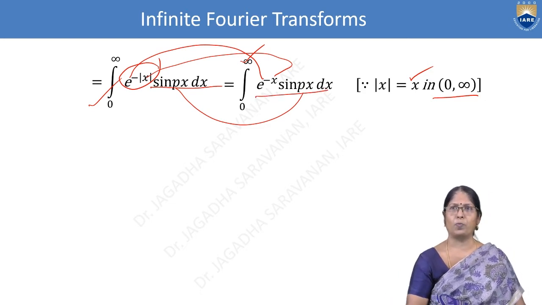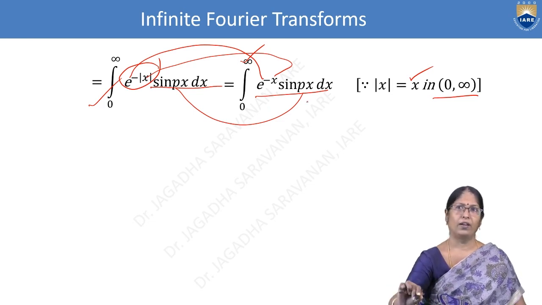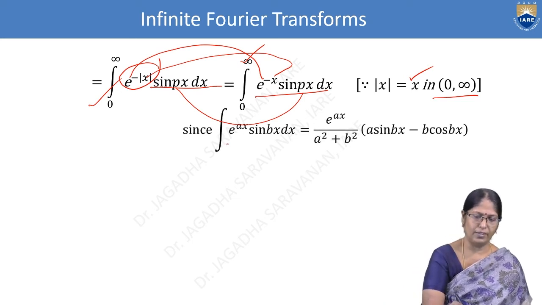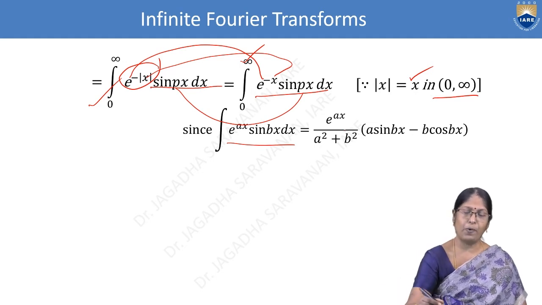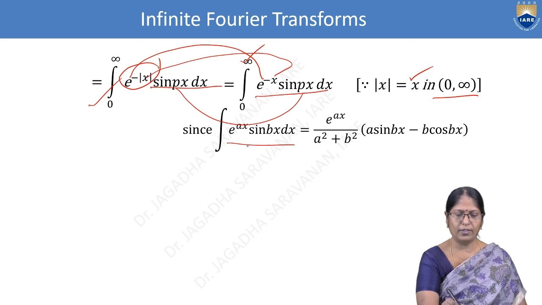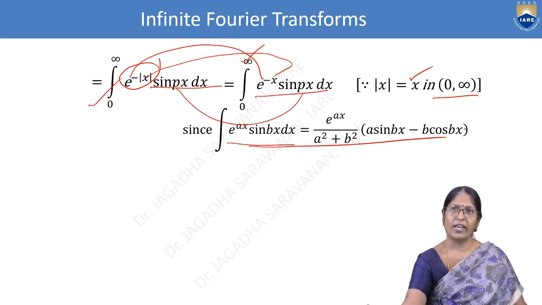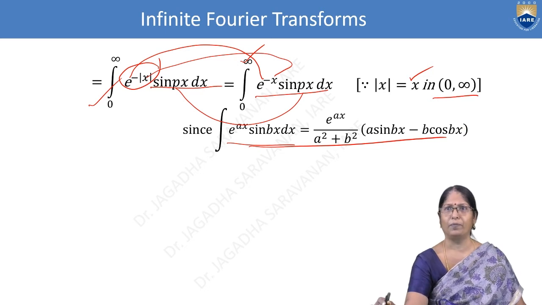This integral we have to do. We have the formula for exponential and trigonometric functions combined, that is, integral of e power ax sin bx dx equals e power ax by a square plus b square of a sin bx minus b cos bx. This is the formula for the exponential and trigonometric combined.